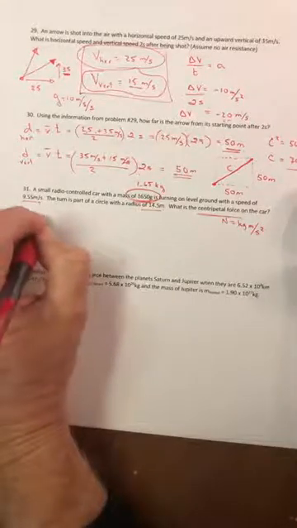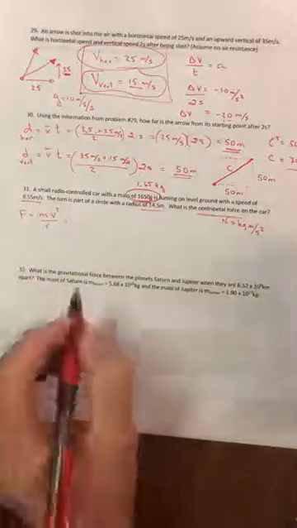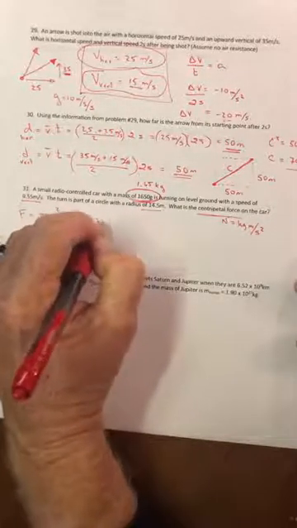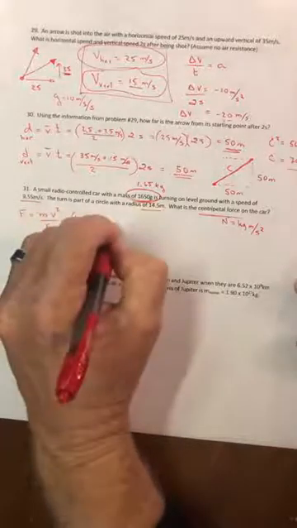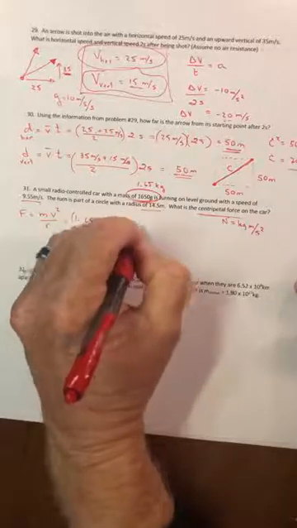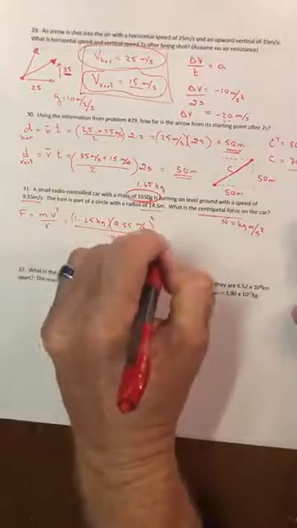Now, the centripetal force we learned was this little formula. So then it's just a matter of plugging it in. 1.65 kilograms, speed of 9.55 meters per second, squared, and a radius of 14.5 meters.